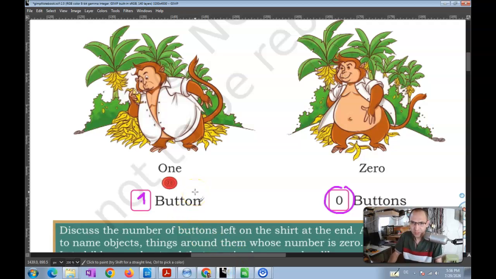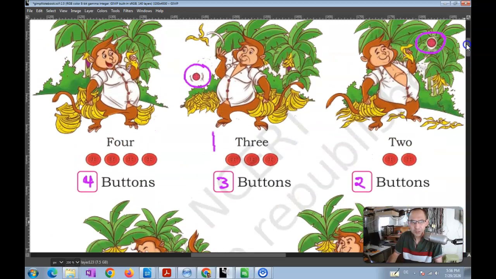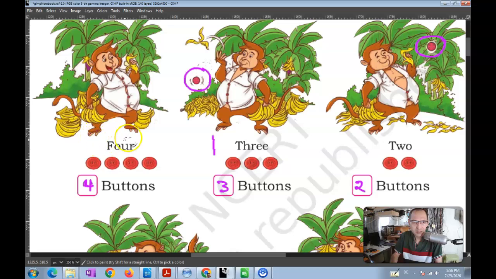So what we can write over here is that we have 4 buttons. Over here we have 4 minus 1, which is equal to 3 buttons. Over here we have this 3, you bring it over here, 3 minus 1 is equal to 2 buttons, which is this number over here.